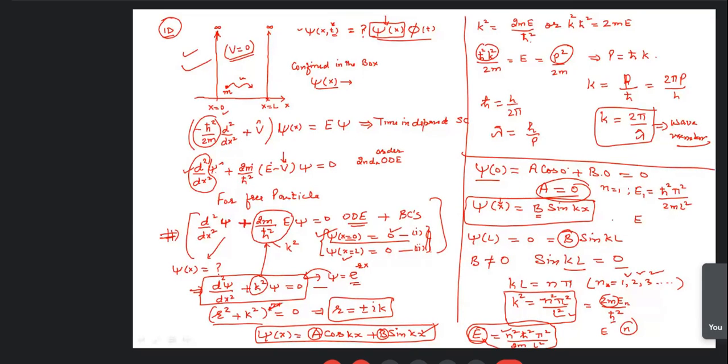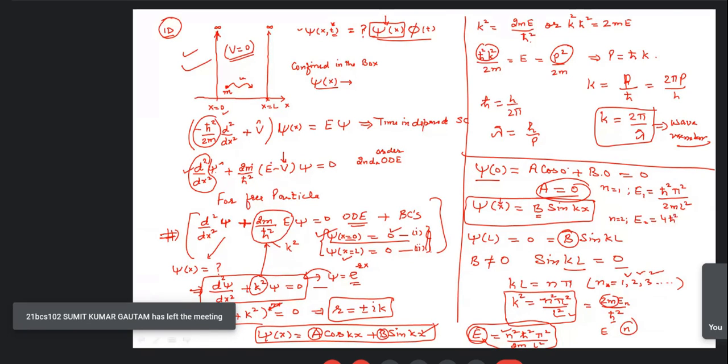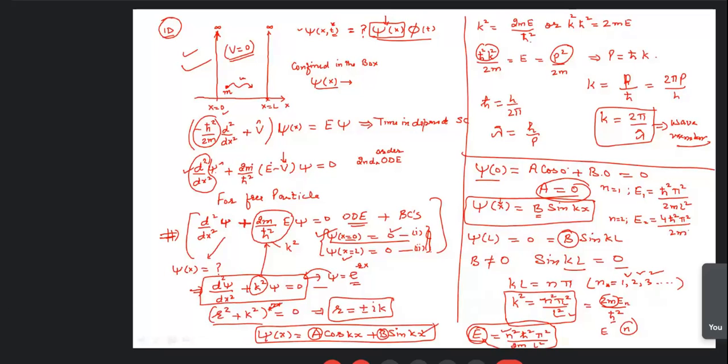Similarly, for n equals 2, E2, the excited or higher energy state, it is 4, because n square is 2 square, which is 4. This is 4 h bar square pi square divided by 2m L square.